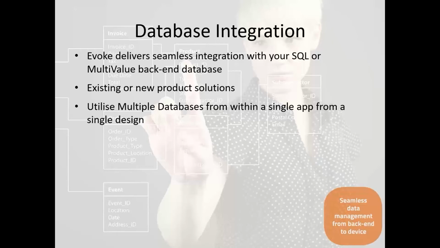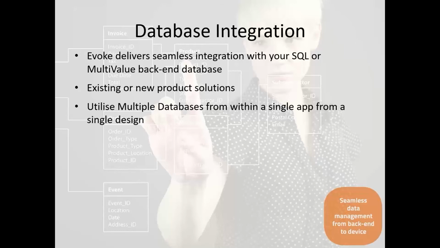You could have a pricing file in SQL Server, and you could have maybe a warehouse file in Universe. Maybe you'd have an orders file in Unidata with multi-valued associated groups and a whole series of sub-values. And Evoke will accommodate that seamlessly, ensuring that your database fits perfectly.